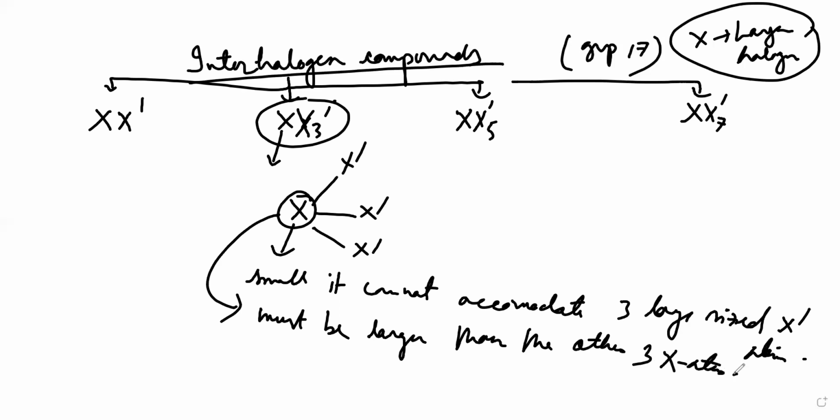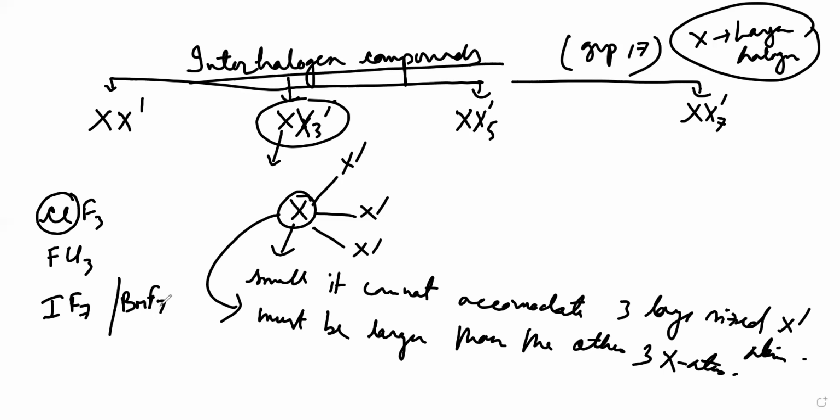Okay. So many questions come from this. For example, why ClF3 exists but not FCl3? Because chlorine, the central atom, should be the larger one. Or say IF7 exists but not BrF7.